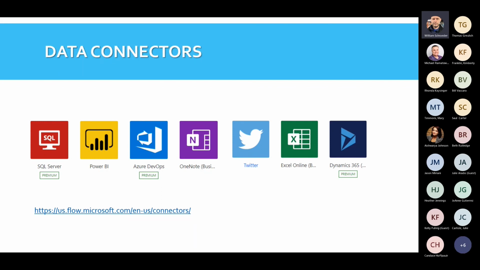I encourage you during this session to go out to this link, this site, and look at the connectors available. They're searchable. You can see what's out there. Some say premium, which requires a premium license, like these things later on in the session. But it's almost as if you imagine it, you think it, there is a connector for it.